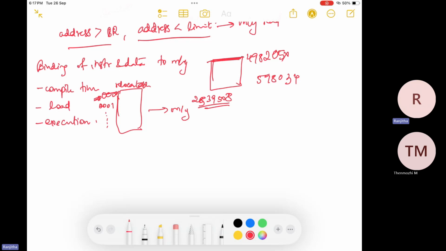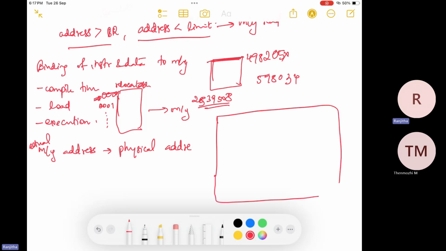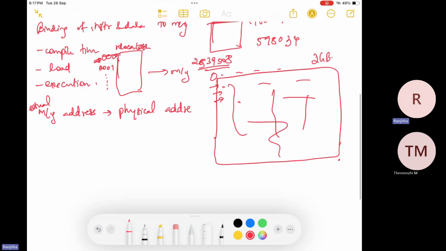The physical address is the actual memory address. For example, if we have 2 GB of RAM, it will start and go till that endpoint. This full memory is the physical memory, and the address of each byte in this memory forms the physical address.